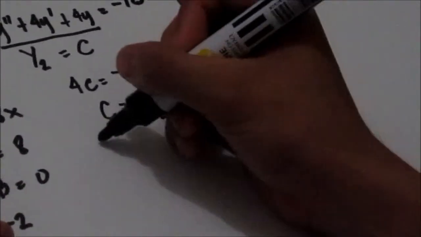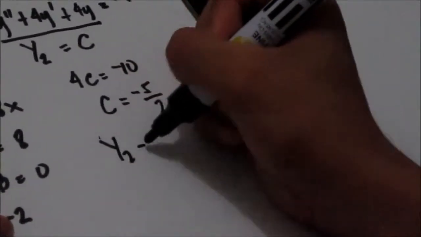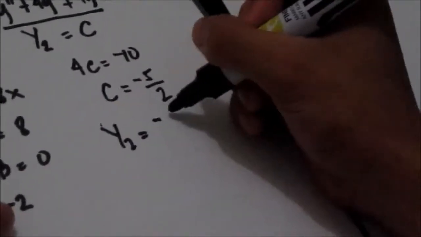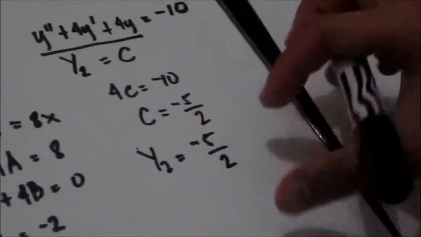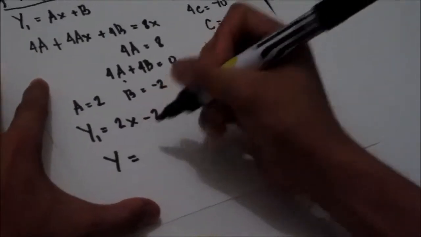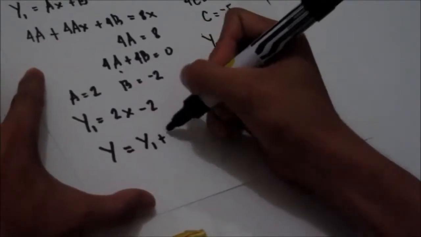Now since we have c, we can have y2 as negative 5/2, and we can get now the complete particular integral, which is y = y1 + y2.